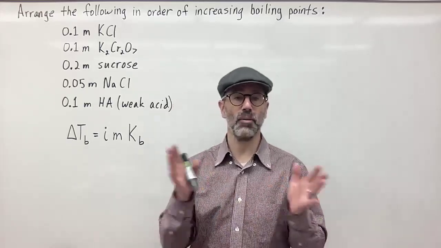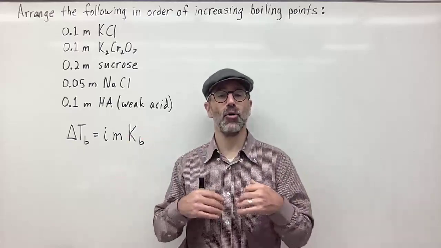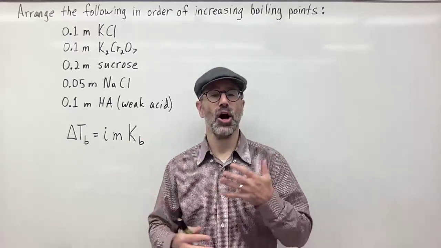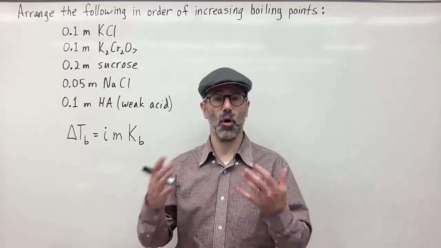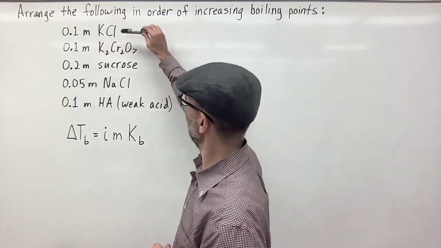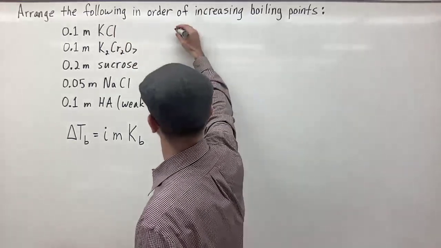Whichever substance gives me more particles is going to raise the temperature more. So I get a greater change in temperature the more particles I dissolve. So here I have a Van 't Hoff factor of 2.